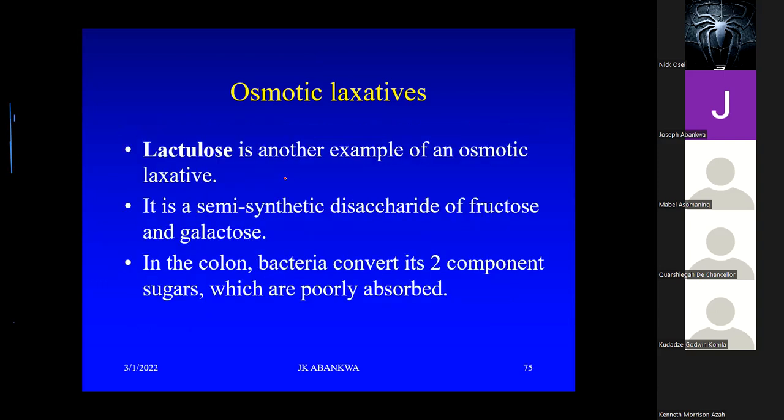Now we have lactulose as an example of osmotic laxative. It is a semi-synthetic disaccharide of fructose and galactose. In the colon, the bacteria convert its two component sugars, which are poorly absorbed, and the component sugars are fructose and galactose.